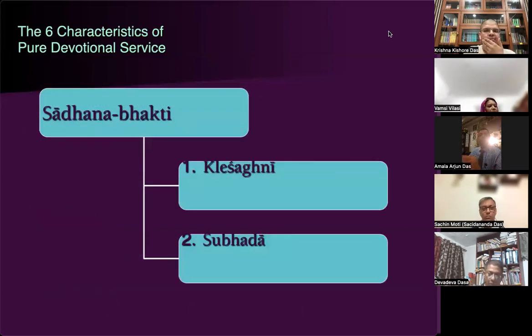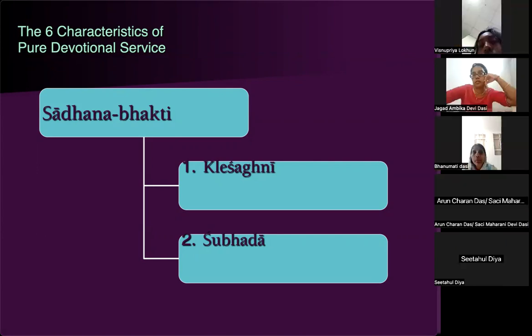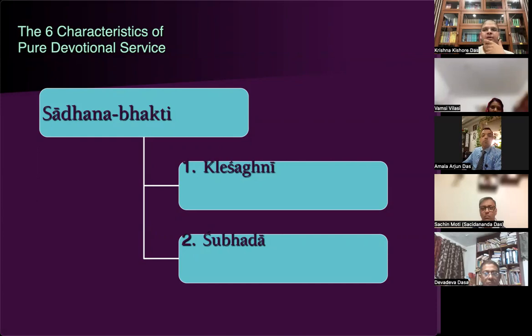As we discussed, the three stages of bhakti: sadhan bhakti, bhav bhakti, and prema bhakti. I hope you are taking notes, because many of the terms you will not find in the book, because Prabhupada just wrote in English. So many of the terms and tables you may not find in the book, so you can take notes.